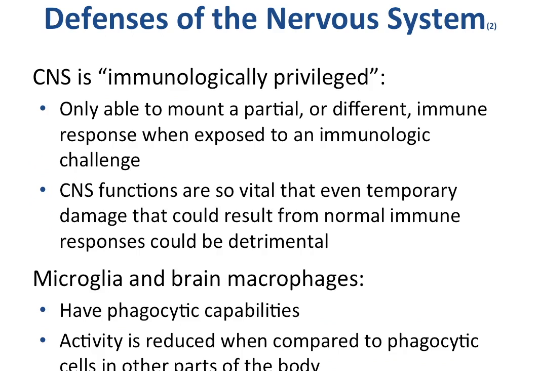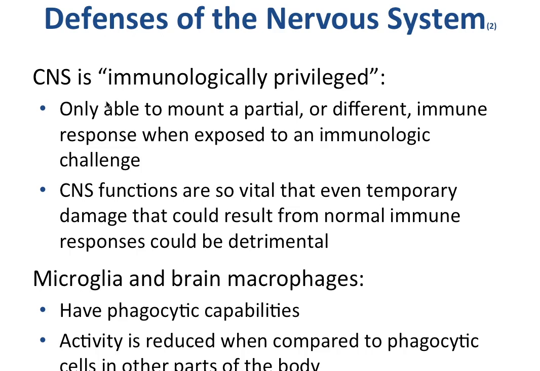So why does the blood-brain barrier exist in the nervous system? Because the central nervous system is a very precious organ. Okay, so they cannot allow infection or inflammation to happen in the central nervous system.